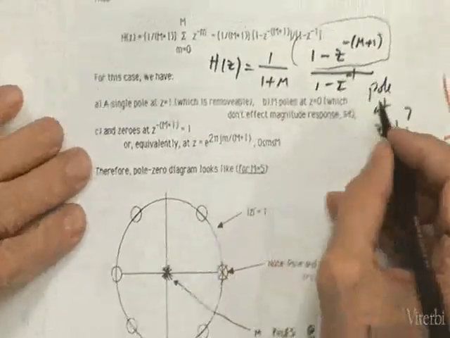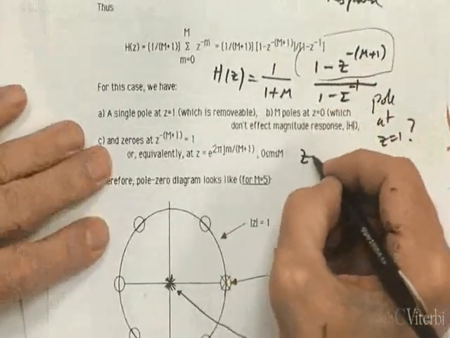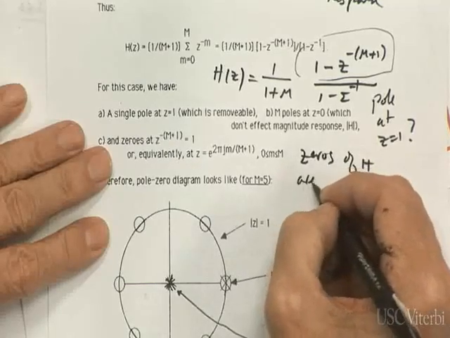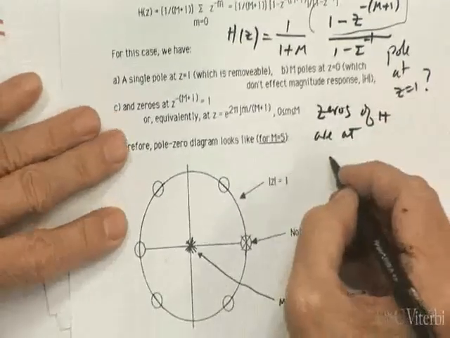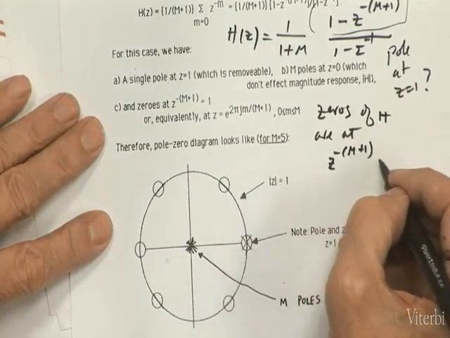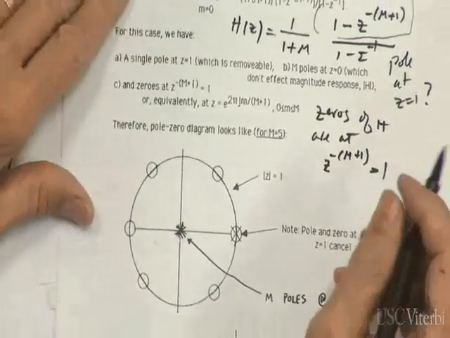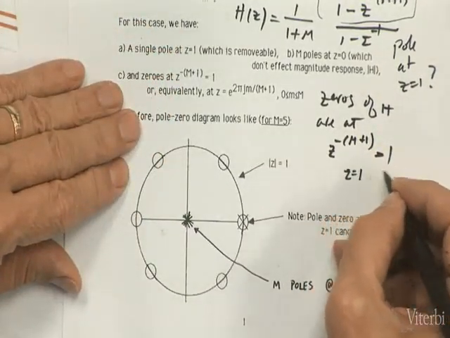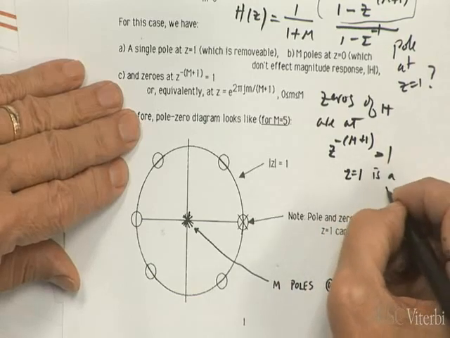But there will be more zeros. And in fact, the zeros of H occur when z to the minus (M plus 1) is equal to 1. Now, you can check out, certainly z equals 1 is a root. That's pretty clear.